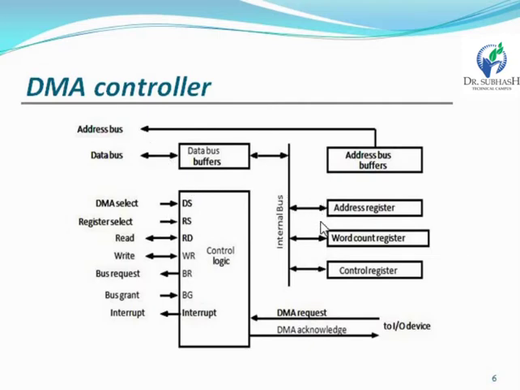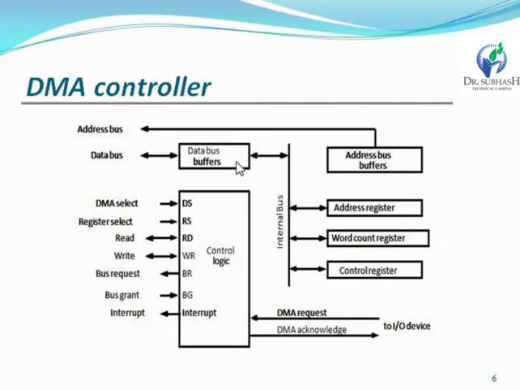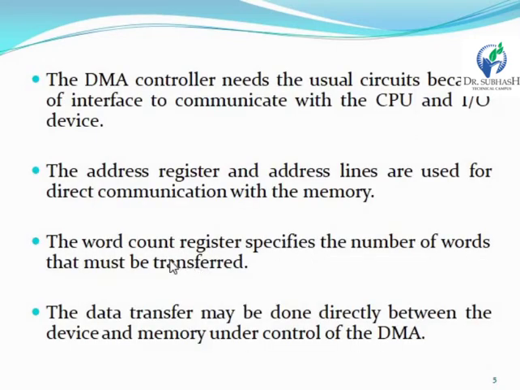So what are the address register, word counter and control register? The address register and address lines communicate directly with the memory unit, so memory can be accessed directly through the address bus and address register. This is the interface, or the internal bus. What is the word counter? The word counter register specifies the number of words that must be transferred.